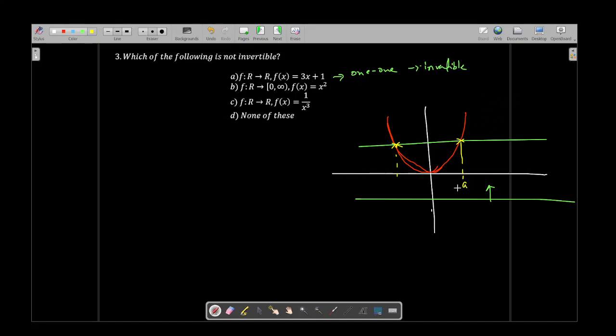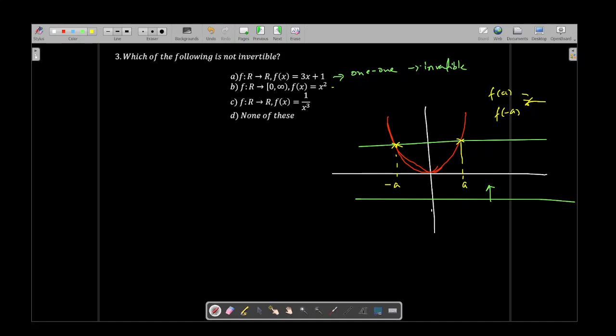Let's say this is a or this is minus a. So f of a and f of minus a will have the same value. Both of these will have a common image. So tracing back is not possible, in fact.